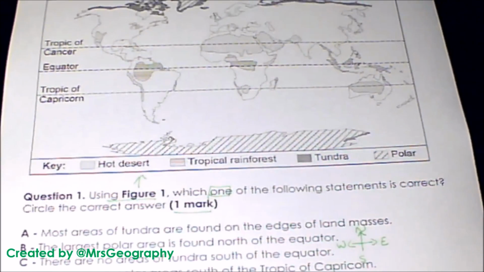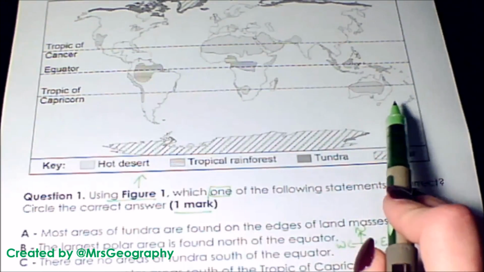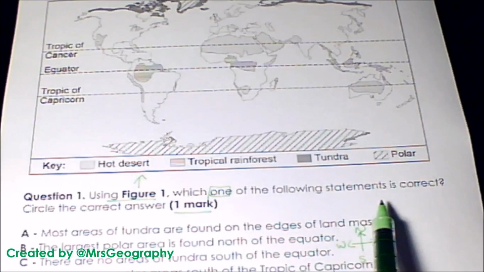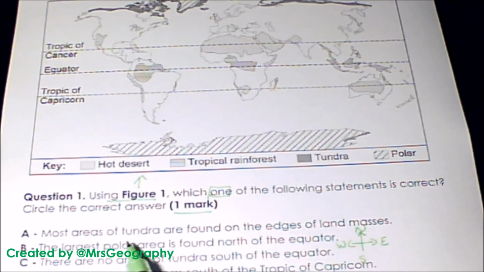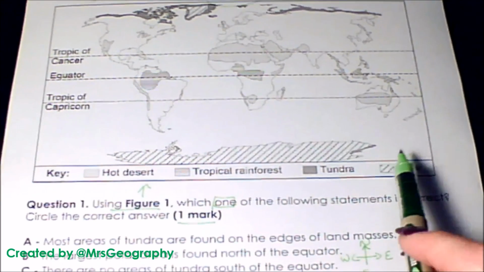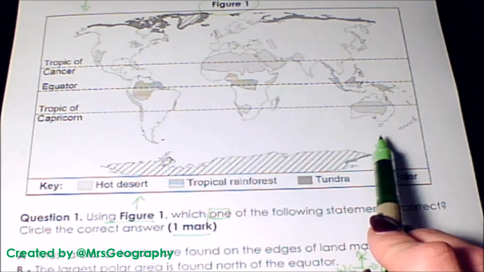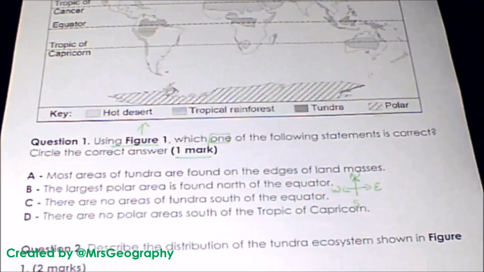So if we use our figure, you can see the Tropic of Capricorn is here. Think about the ecosystem you've been asked about. So it's always focusing on tundra and polar and tundra and polar. So obviously we're after these two. So think about where these two are specifically on the figure above. Answer that question.